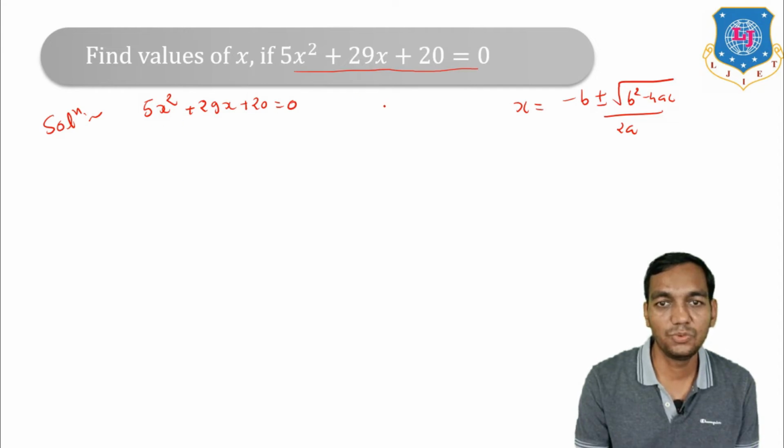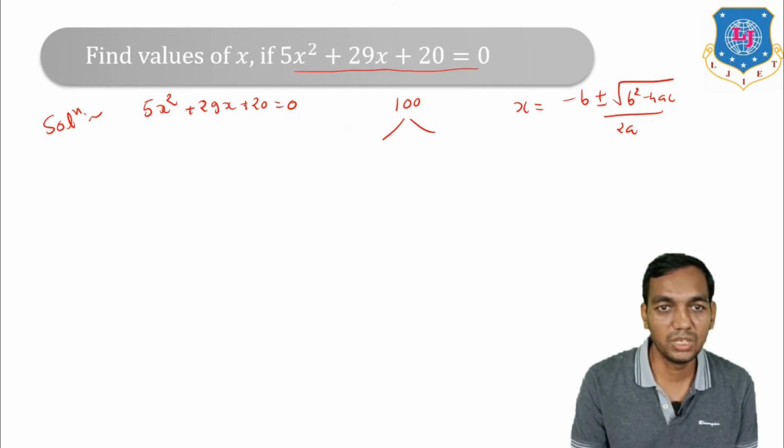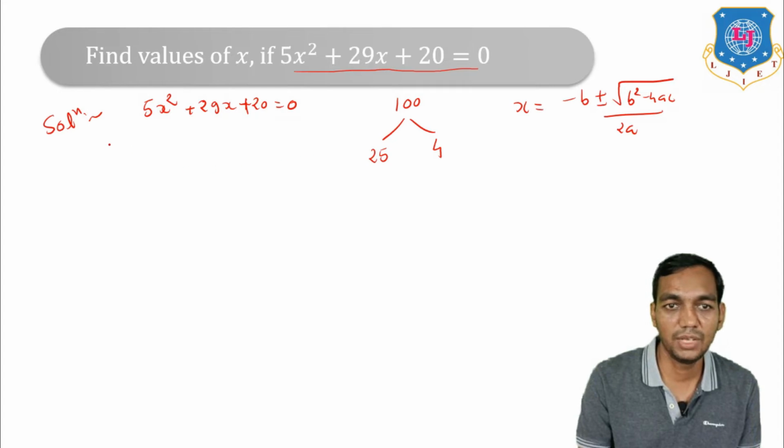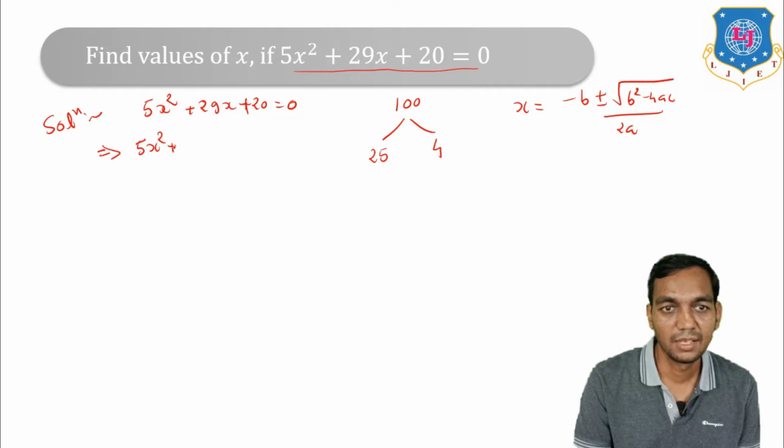So 20 into 5 is 100. Correct? So we have to find two factors, and here we have a plus sign, that means the addition of these two factors must be 29. And we are aware of that, 25 into 4. So this can be written as 5x square plus 25x plus 4x plus 20 is equal to 0.